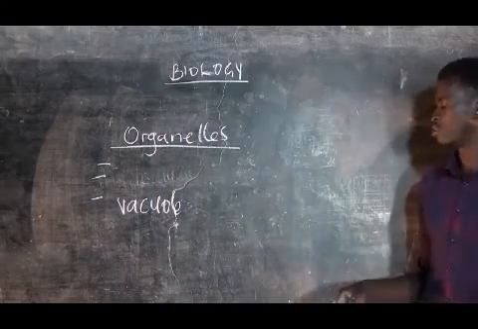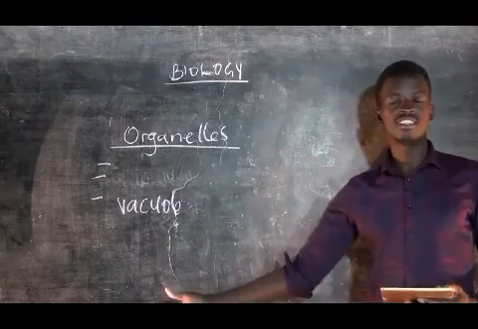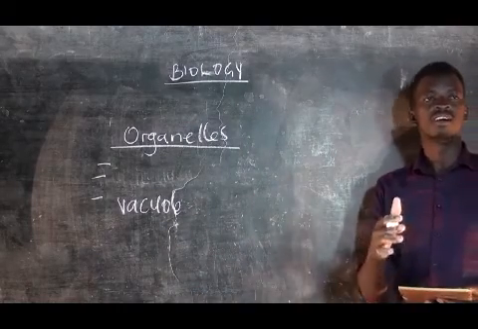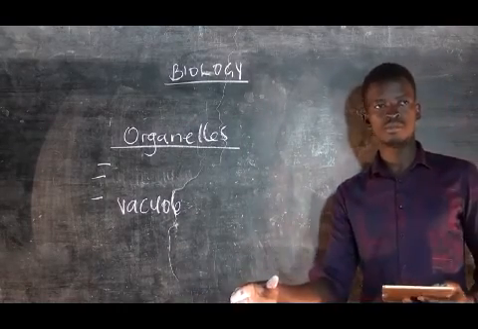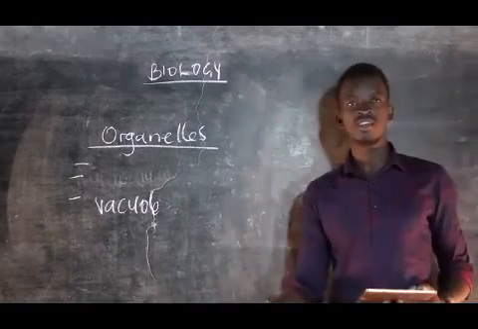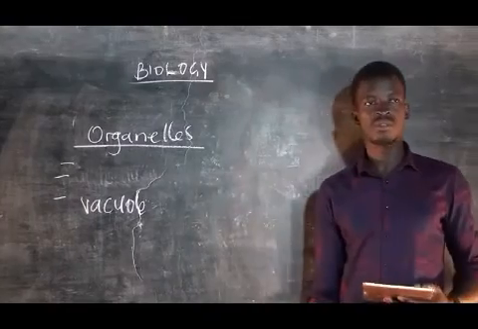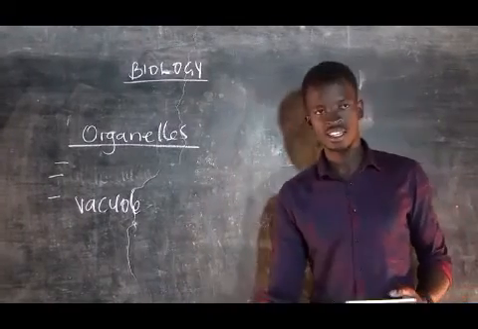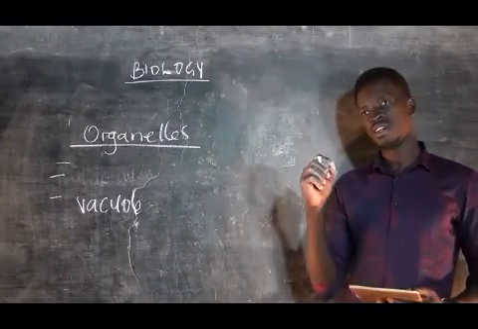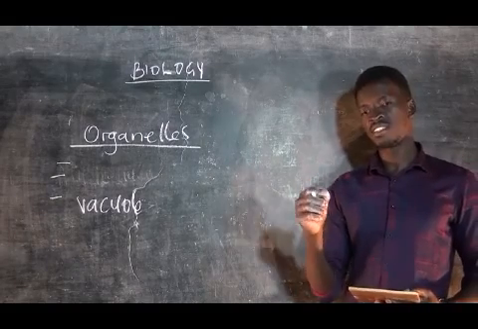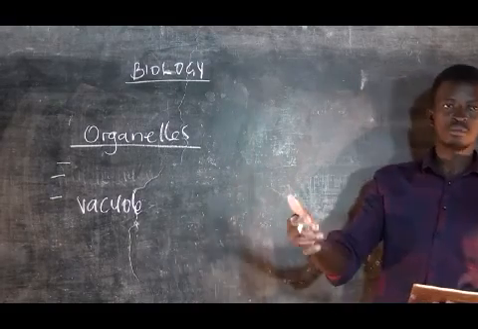And then we have the chloroplast. Every cell that undergoes autotrophism or photosynthesis, a cell that makes its own food, a photosynthetic cell, always has organelles that help in trapping the sunlight.